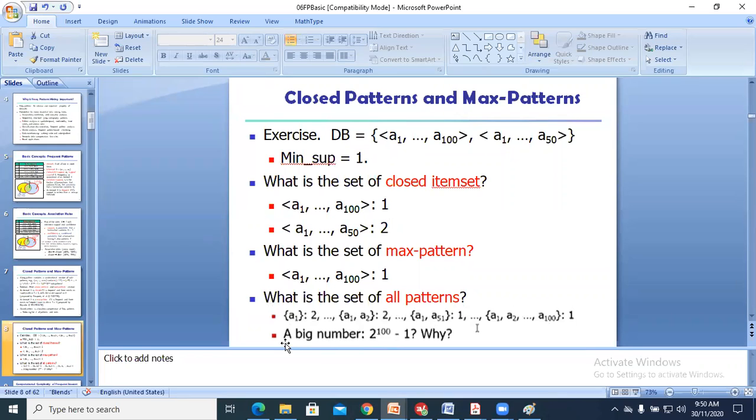So despite having a huge combination, we are able to find the frequent patterns with the help of these closed item sets. But we are not able to find all the frequent patterns with the maximum pattern.